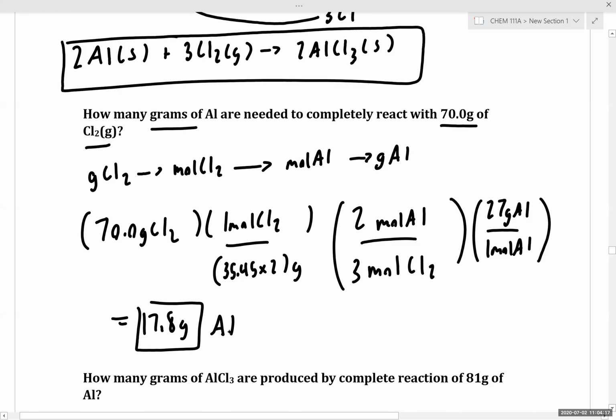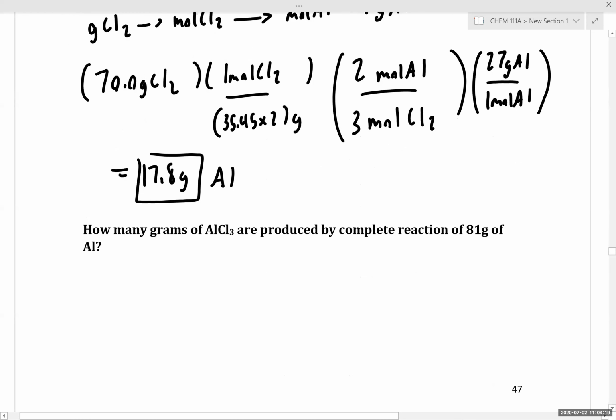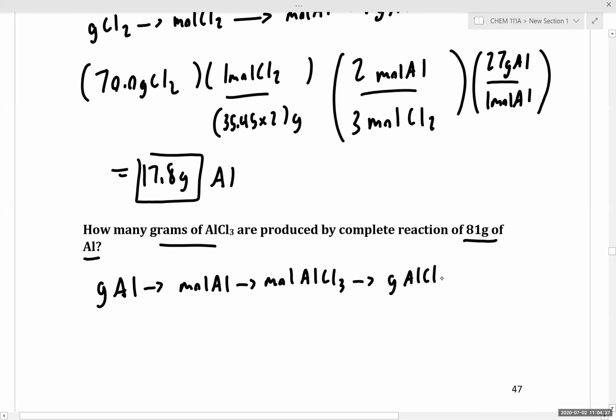Okay, so let's take a look at another example. We're asked how many grams of aluminum chloride are produced by complete reaction of 81 grams of aluminum. So we're going from grams of aluminum to moles of aluminum to moles of aluminum chloride to grams of aluminum chloride.